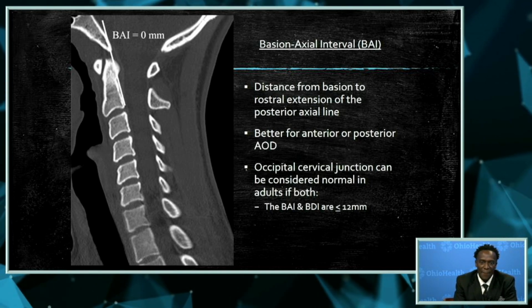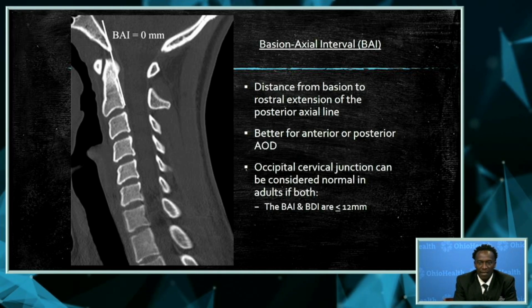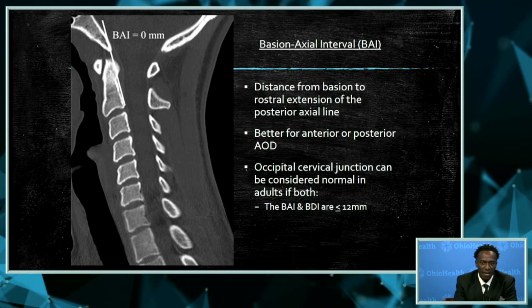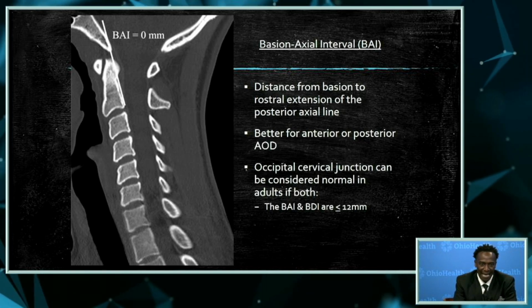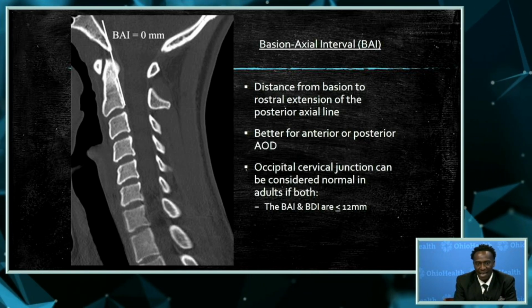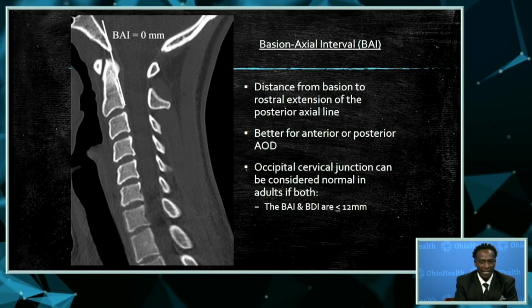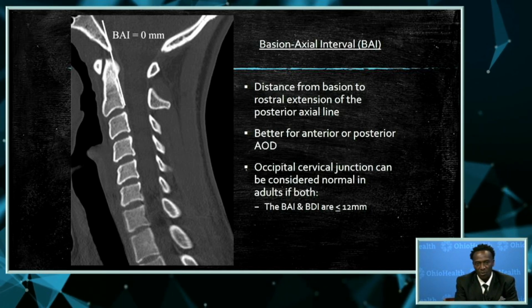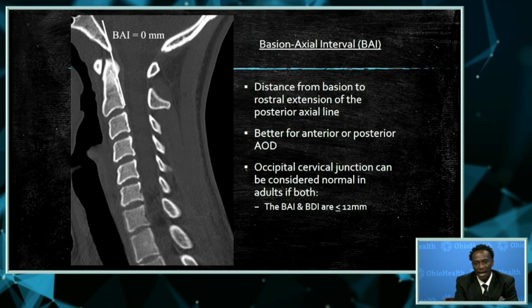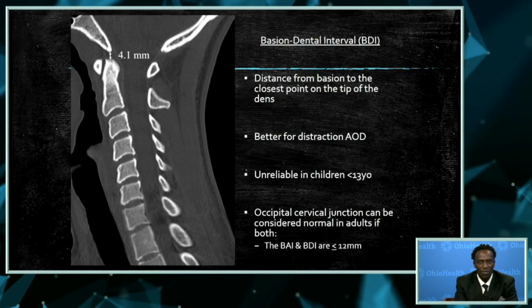So the basion-axial interval is the distance from the basion to the rostral extension of the posterior axial line. This should be less than 12 millimeters, and it is a very good way of assessing anterior and posterior dislocations.